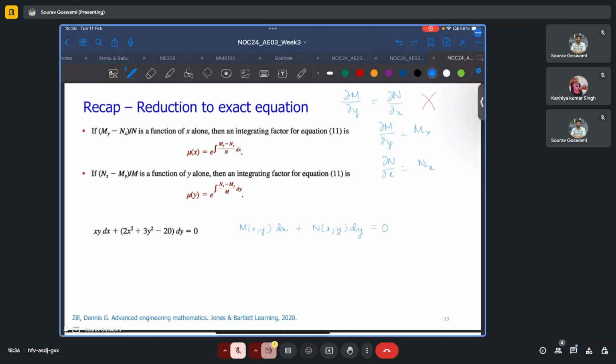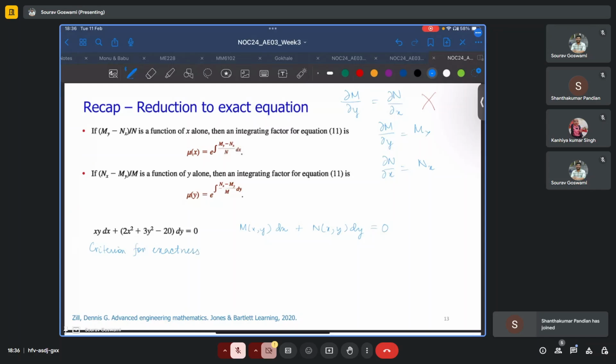Let us check for the criterion for exactness. The criterion, if you remember, is ∂M/∂y equals ∂N/∂x. So let us compute ∂/∂y of M. M here is simply xy. This gives us x.